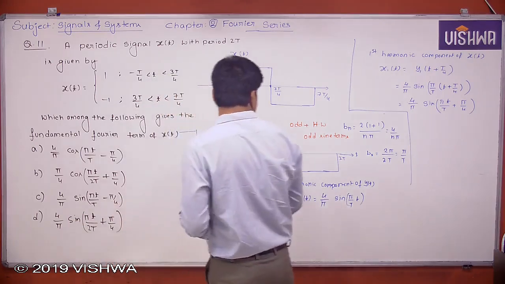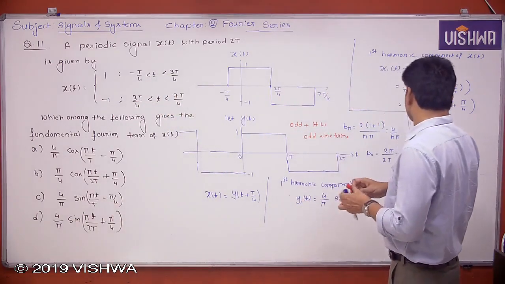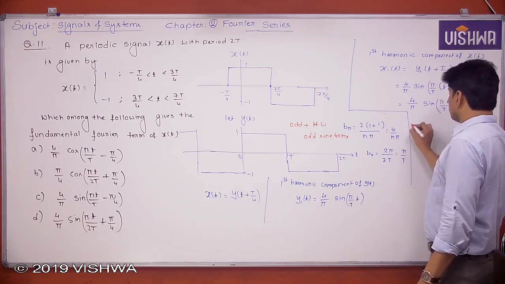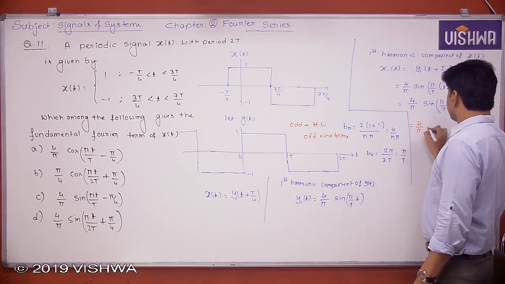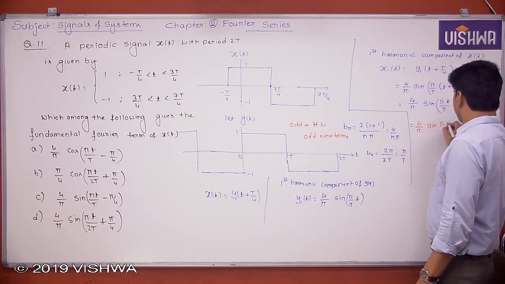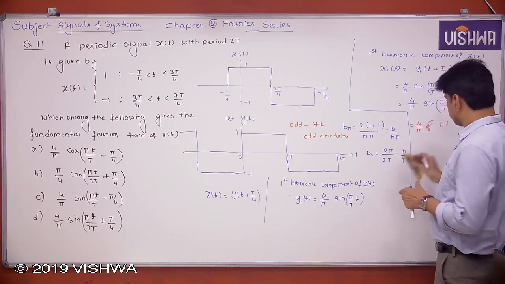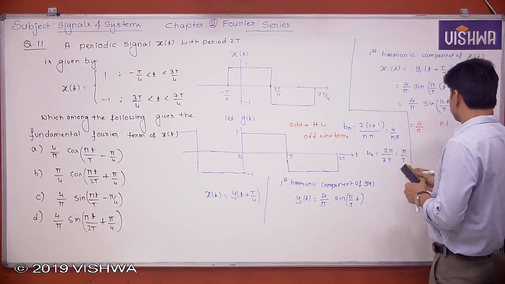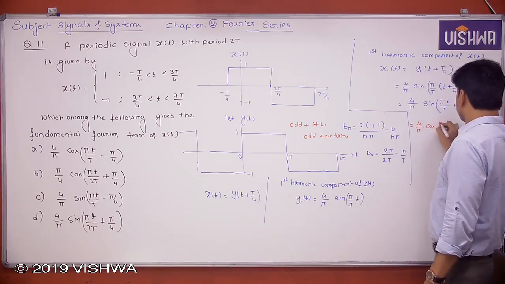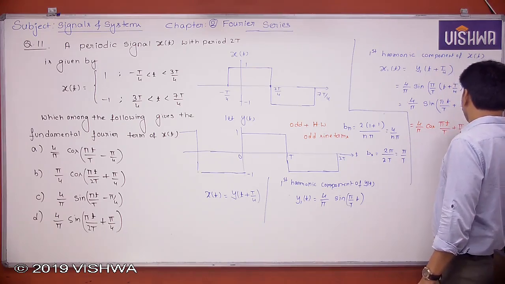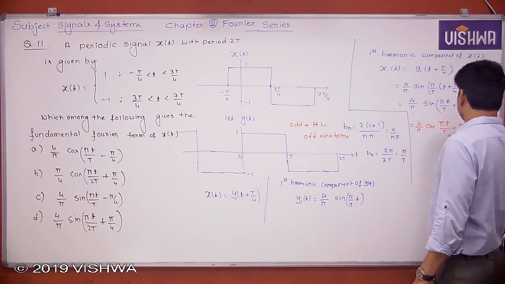Actually, the answer is, can you convert this into cos? If I convert this into cos, 4 by pi sine, sorry, cos of pi t by T plus pi by 4 minus pi by 2.